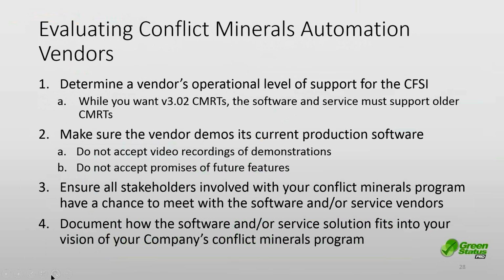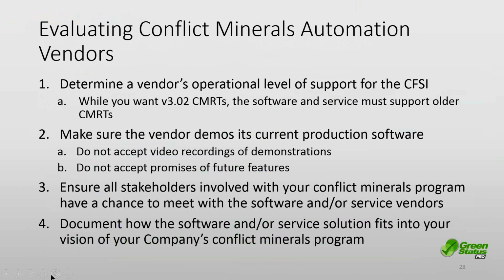So now that we've covered the 4 types of conflict minerals automation solutions, here are 4 major points that I like to bring up when you're evaluating a vendor. The big thing is you need to determine a vendor's operational level of support for the CFSI. While you always want version 3.02 CMRTs, and in a perfect world, and when going through this presentation, it seems like that is attainable, you're never going to get 100% version 3.02 CMRTs.